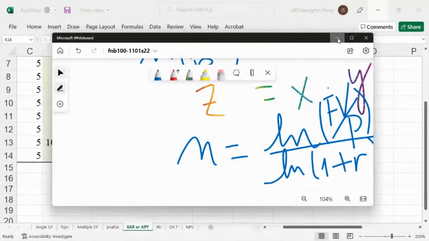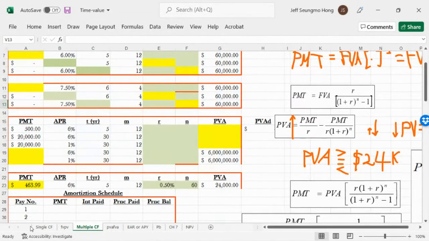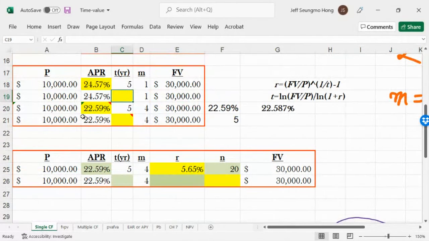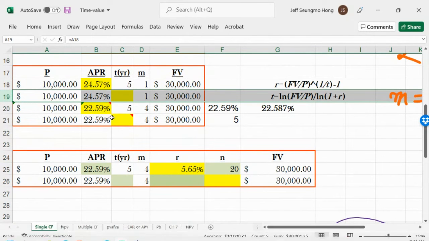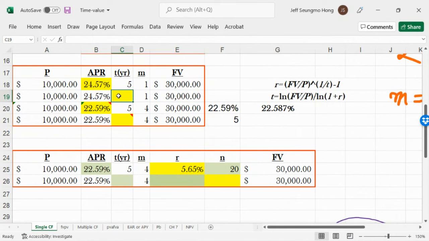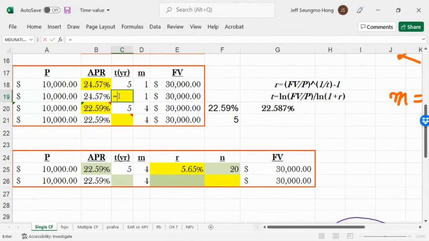Then now we are ready to solve. So we go to row 19. It's not a difficult thing. We know it's going to be 5. It should be 5, but let's see. If you get 5, then the formula checks out.